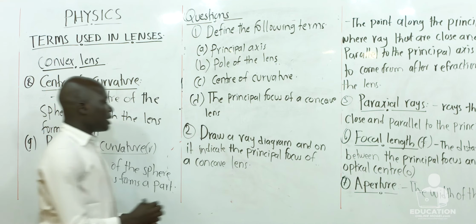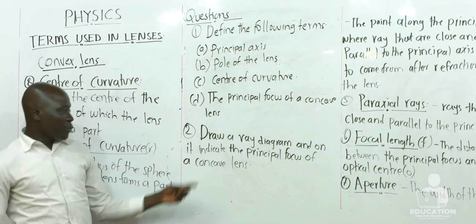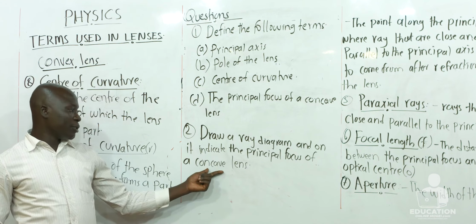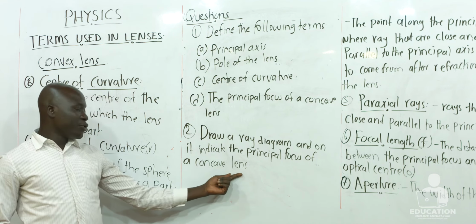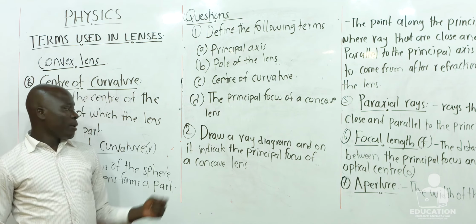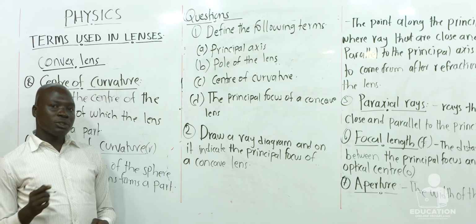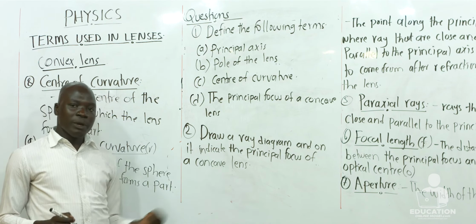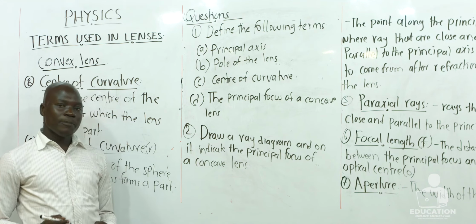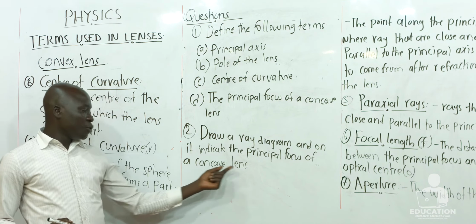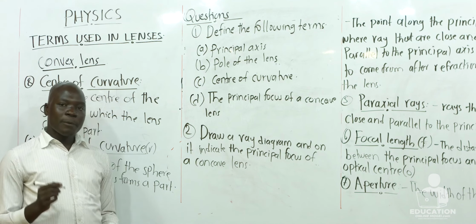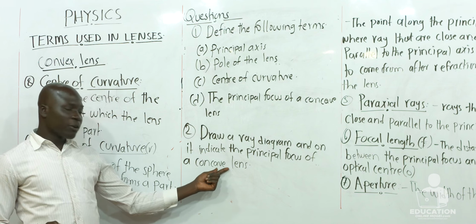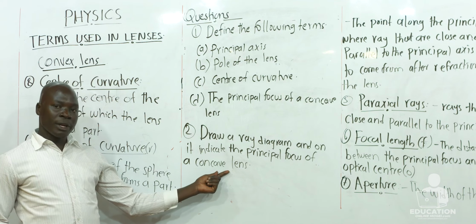So dear learners, when a question is given like this, it means in the ray diagram you are going to draw rays that will be incident on a concave lens. And when you draw, what is very important is that you indicate the direction of travel of the rays, then how the rays will be refracted from the lens, and you also indicate where the principal focus is, keeping in mind that the principal focus of a concave lens is always not real.